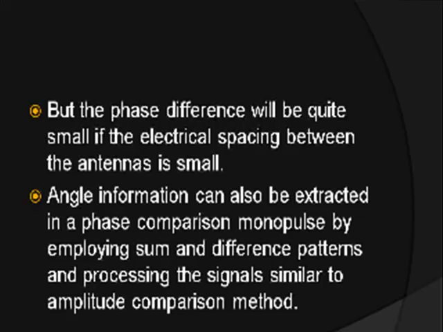An analysis of the sum and difference patterns for the phase comparison monopulse shows that a 90-degree phase shift has to be introduced in the difference signal so that the output of the phase sensitive detector is an error signal whose amplitude is a function of the sine of the angle of arrival from the target measured with reference to the perpendicular to the 2 antennas.